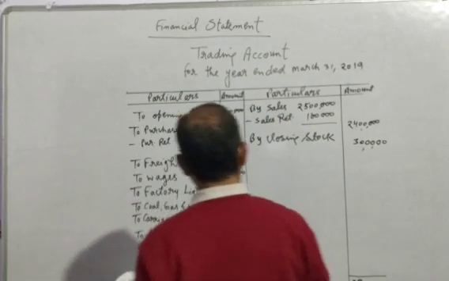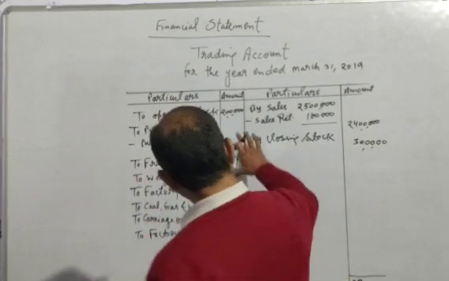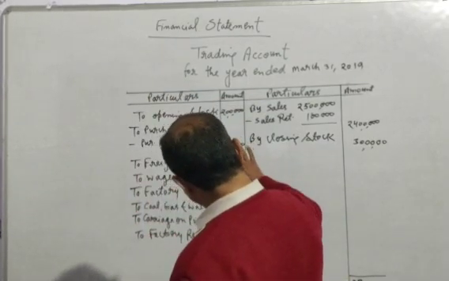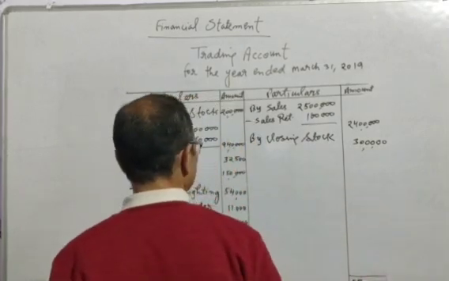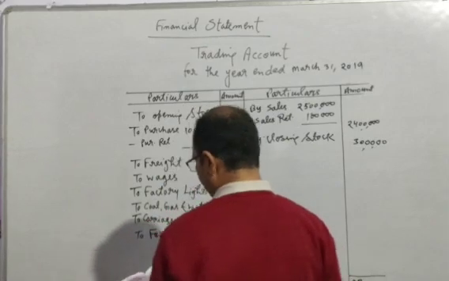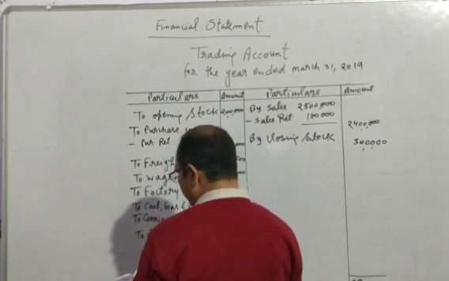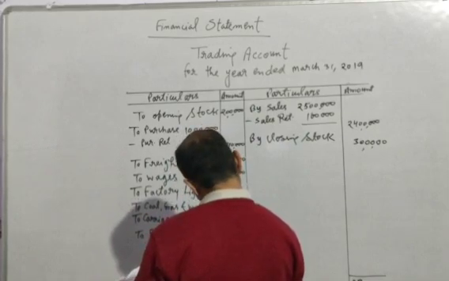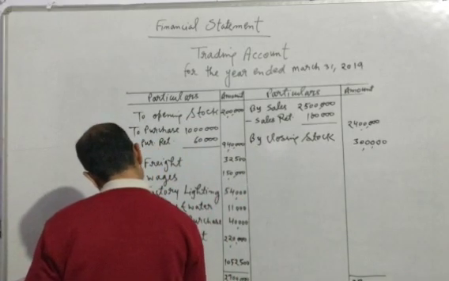Now we will add all these amounts and after that we will deduct the total of the debit side from the credit side, because the credit side is bigger than the debit side, and the balance will come to 10,52,500.